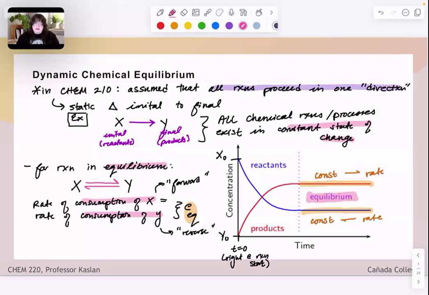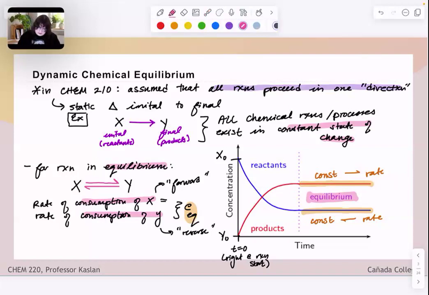So X is consumed, Y is made, and then we have this constant back and forth at the state of equilibrium. This reaction time here, indicated by this little dashed line, would be the time at which our rates are equivalent and thus equilibrium is established.